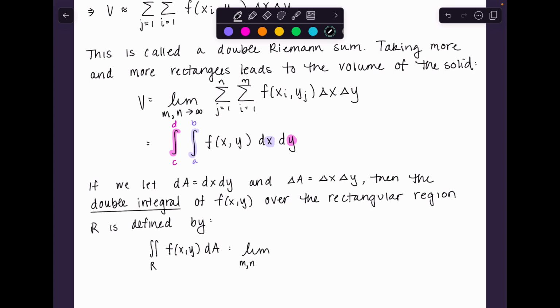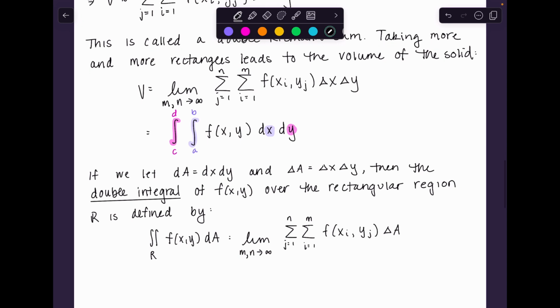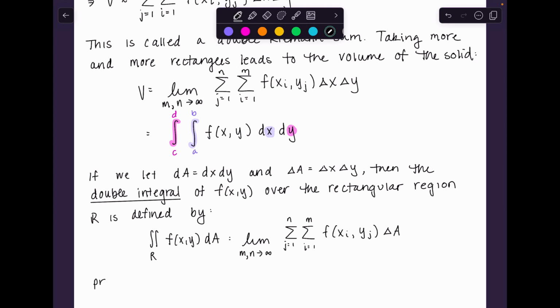It's the limit as m and n go to infinity of a double sum where we have the function evaluated at the right endpoints of those intervals, and then delta x, delta y, which is the change in area. The x starts at 1 and goes to m, and the y starts at 1 and goes to n. Of course, provided that this limit exists.